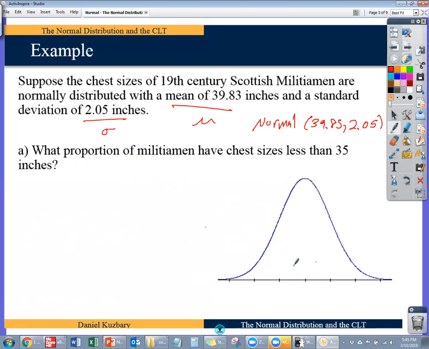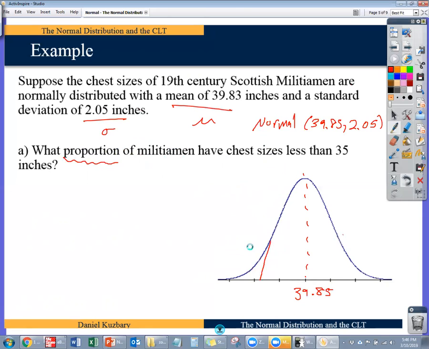So on our normal distribution, the mean, this high middle part, is 39.85. I want to find the probability, or the proportion, we'll use the same method for probabilities and proportions, of militiamen that have chest sizes less than 35.